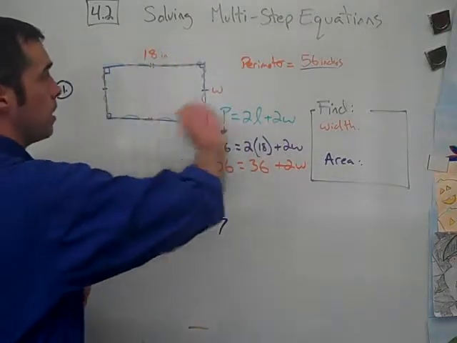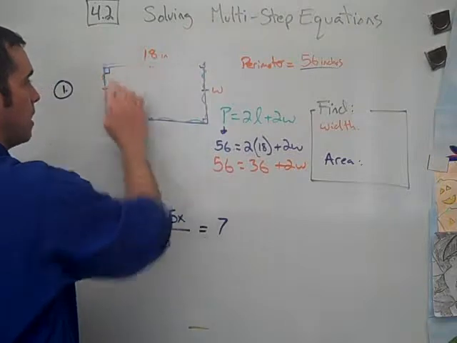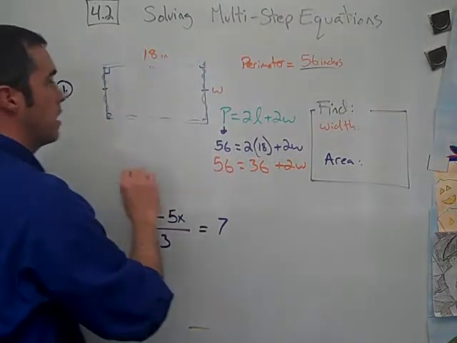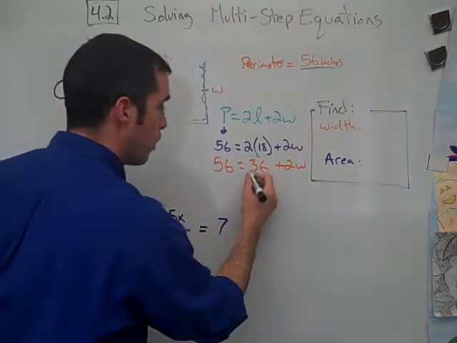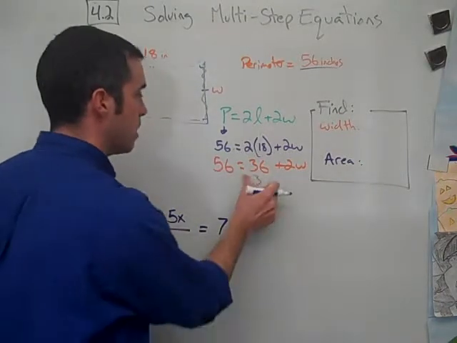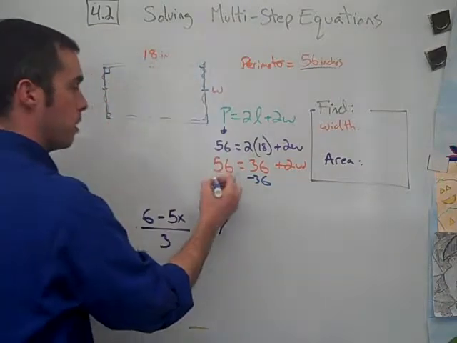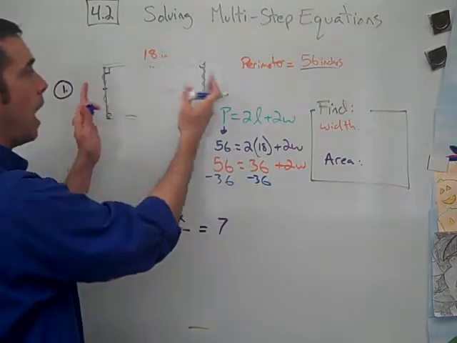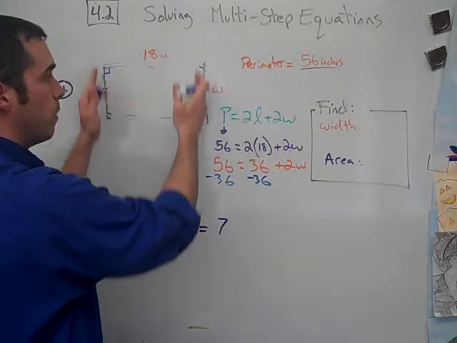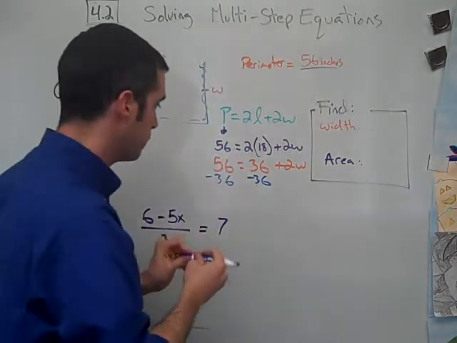Now, if I come back up here, I know the perimeter is 56. If I subtract away that 18 and subtract away that 18, in other words, subtract 36 from my perimeter, I'm going to be able to find the width by eventually cutting that measurement that's left over in half.